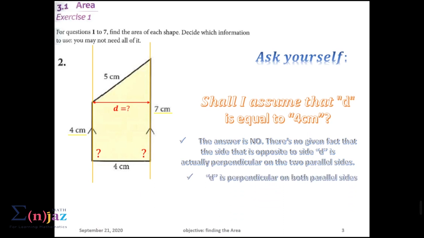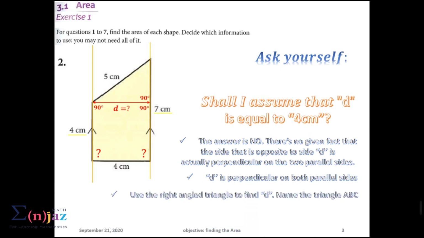D is perpendicular to both parallel sides, and we know that because we drew the vertical distance between the two parallel sides. So it means that this perpendicular side creates 90 degrees with the first parallel side, which is 7, and the second parallel side, which is 4.